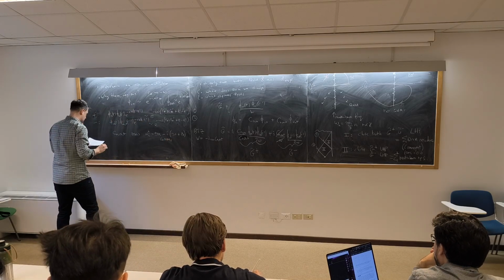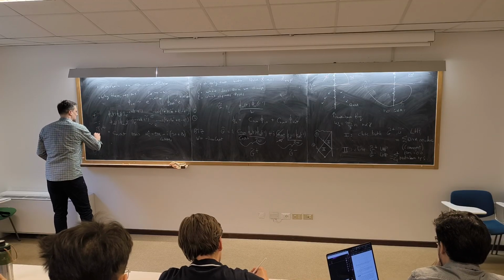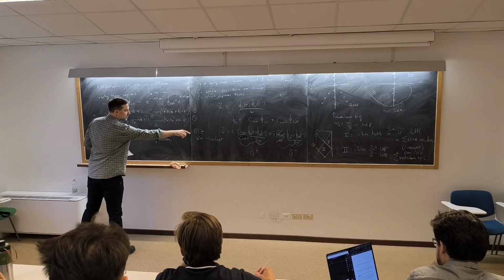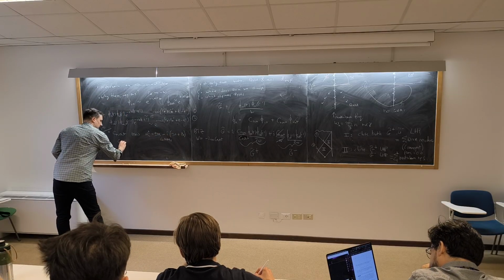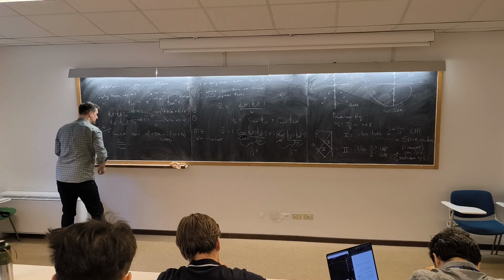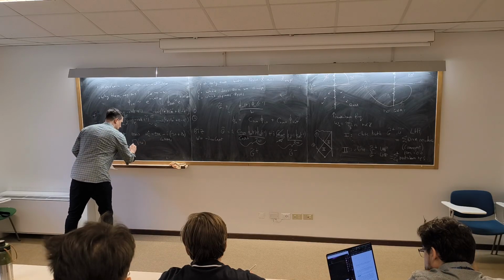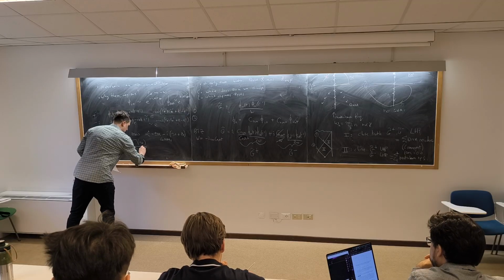As usual. So B to Z. This ratio of connection coefficients, so C_n in over C_n out, contains within it a ratio of gamma functions, gamma of i omega over gamma of minus i omega.